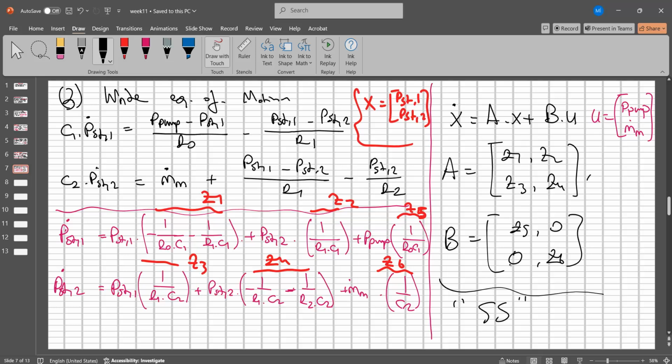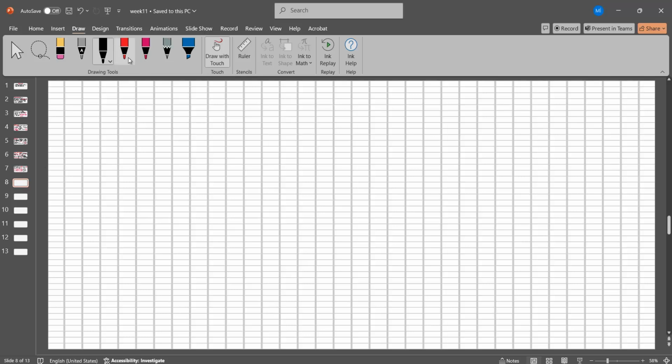Okay. In order to better understand these values, please solve example 7.4.6 in the book.